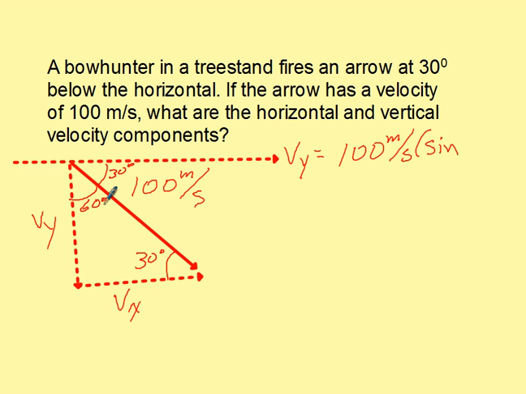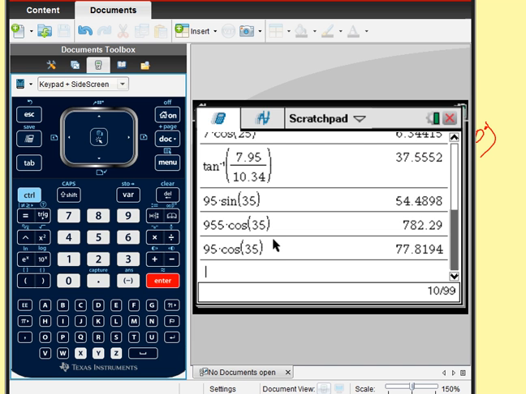So the velocity of the y component is going to be 100 meters per second times sine 60 degrees.